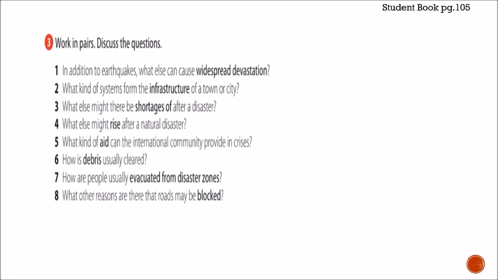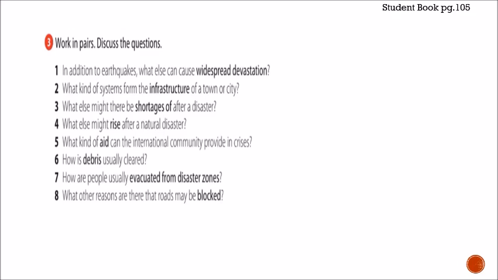And number 1 says, in addition to earthquakes, what else can cause widespread devastation? So not only earthquakes, right? We can also have hurricanes or tsunamis, where there can also be widespread devastation, which means that the devastation was widely spread among a certain area, right?